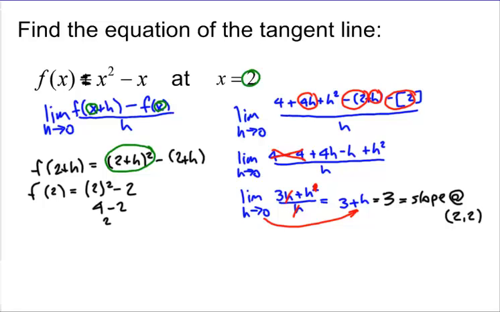And when I use my point-slope form, y minus 2 equals 3 times x minus 2. That's your answer, and I'm fine with that. If you want to clean it up a little bit, make it pretty, distribute your 3 and add your 2. Another way you might look at this answer would be like this. Both of these answers are acceptable.